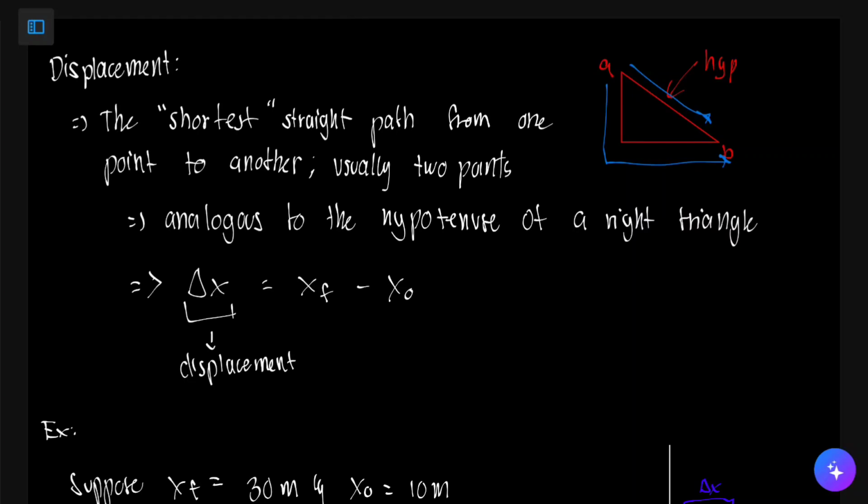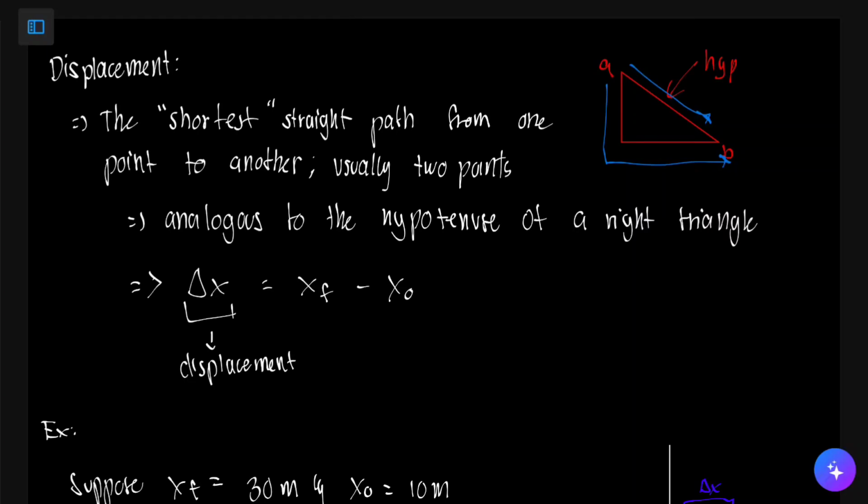So displacement again is the shortest straight path. So if the hypotenuse is the shortest path from A to B in a right triangle, then it is simply analogous to your displacement. And this will be useful whenever we try to solve your vectors later on. So ayun lang, pahapyaw lang.